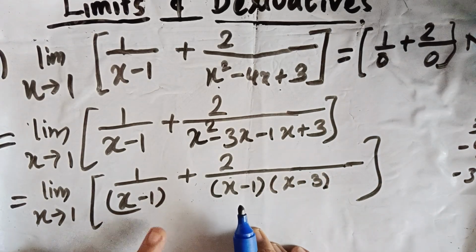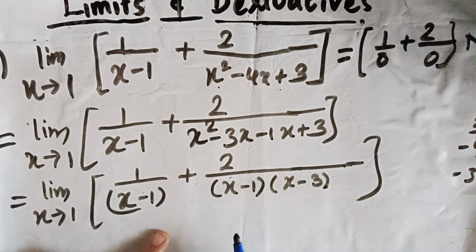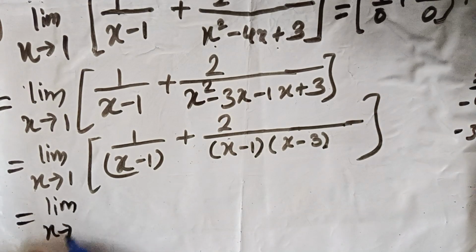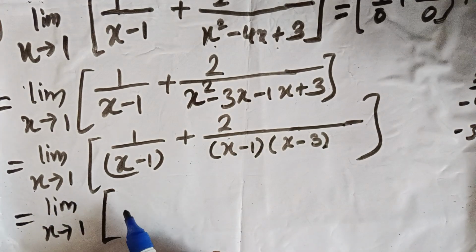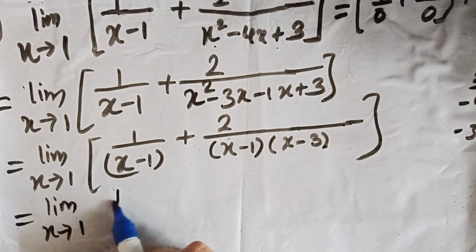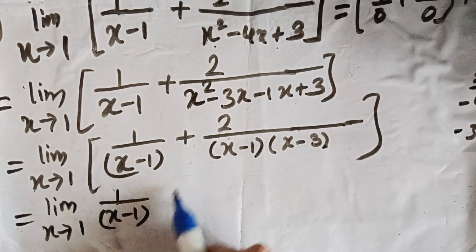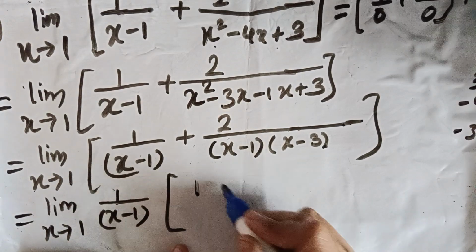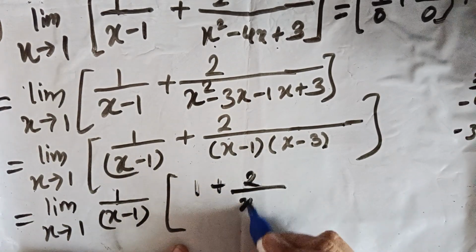Okay. So now if you cross multiply, you will get, or you can do one thing, I can take common x minus 1. So the remaining thing is 1 plus 2 upon x minus 3.